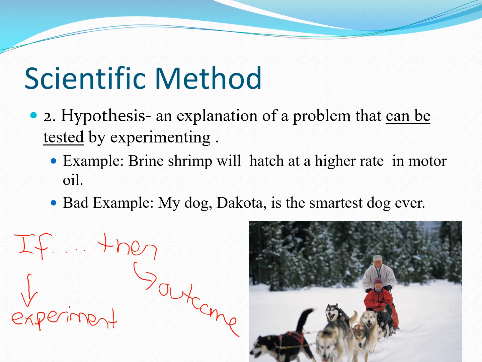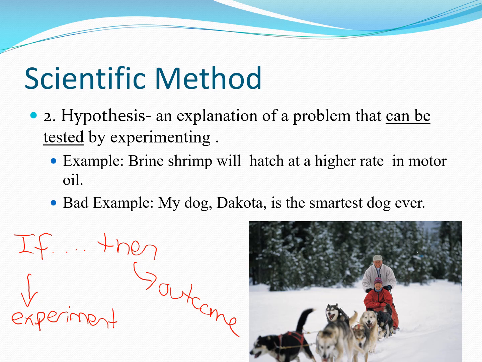Now, a hypothesis does not have to say if and then, as long as it has these two parts to it. As you can see here, there's the example about brine shrimp: brine shrimp will hatch at a higher rate in motor oil. Well, there's no if or then words in that sentence, but there's still an if part and a then part.